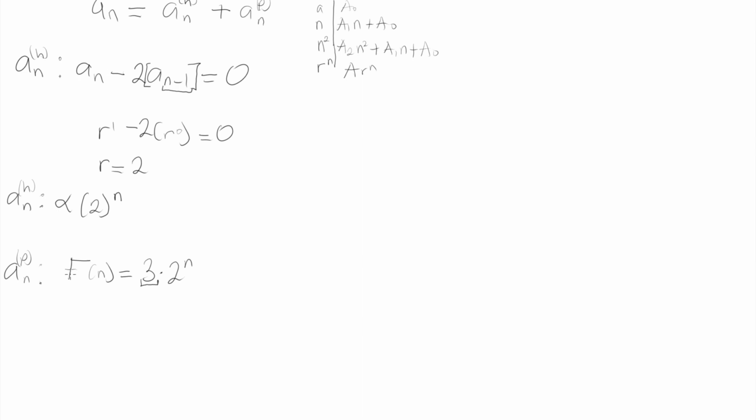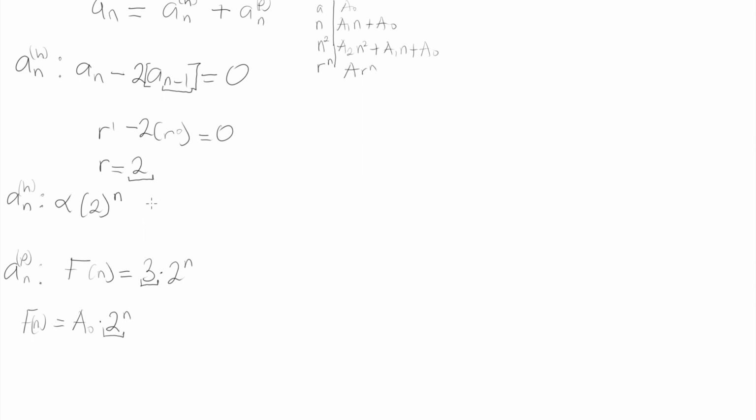Because 3 is a constant, we just represent it by a_0, or you could choose any constant you like. So f of n would now be equal to a_0 multiplying 2 to the n, but 2 here is the root of the characteristic equation, and the characteristic equation has a degree.